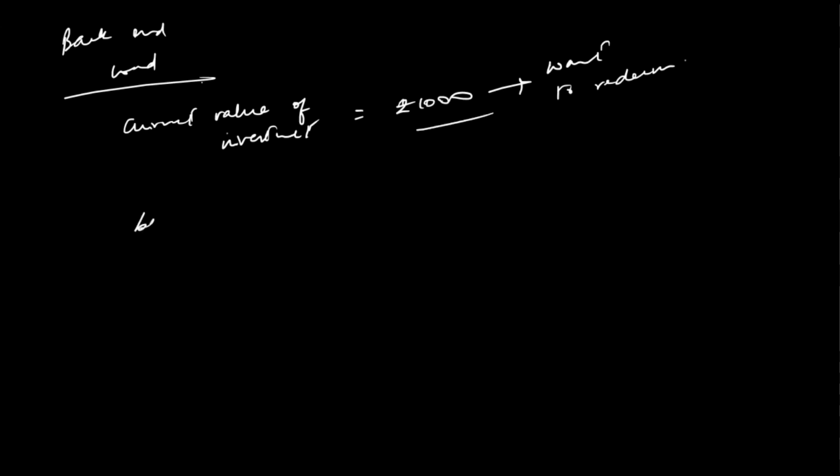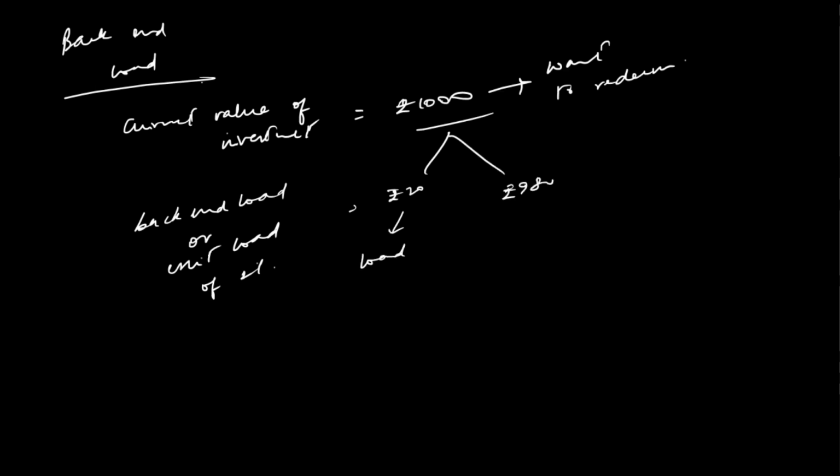But if there is back end load or exit load, let us say of 2%, that means out of this 1000, 2%, that is rupees 20, will be charged towards load and you will get only 980 rupees in your bank account.